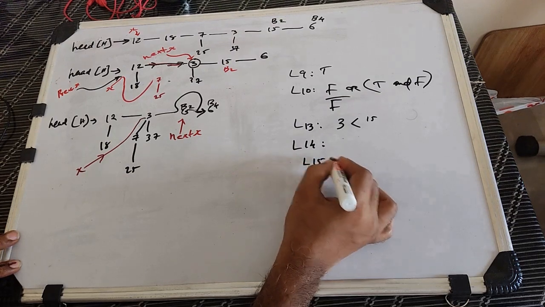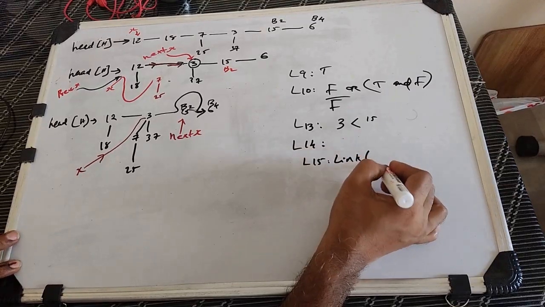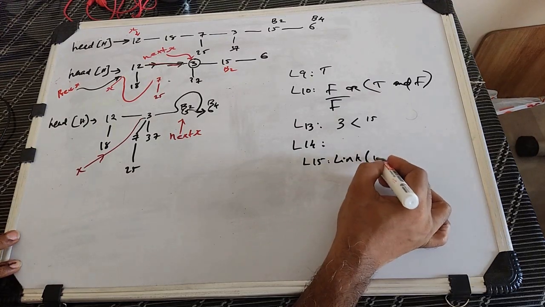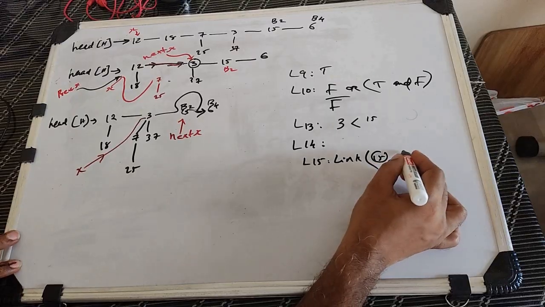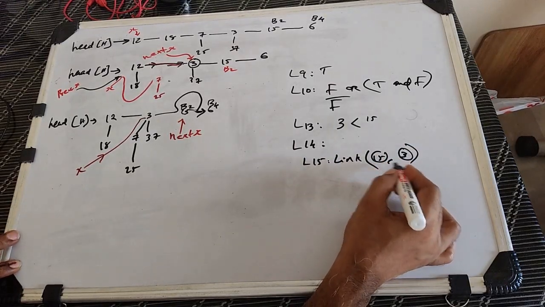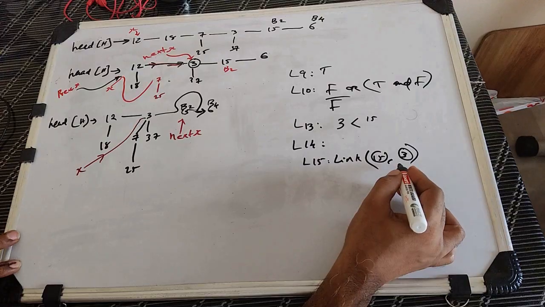Then L15, that is binomial link. Next x comma x. L15. Okay, next x, that is 15, comma node 3. So 15 will be the child of node 3. Line 15. Okay.